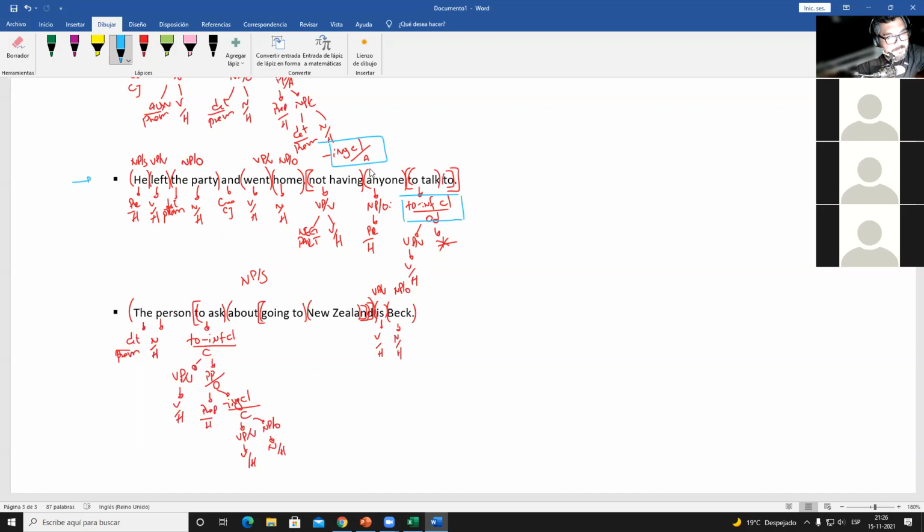And then you have a to-infinitive as part of the ing clause. So you can have a non-finite clause inside of another one. In the second example, you can see how the to-infinitive clause is inside of a noun phrase, right? Therefore, acting as a modifier, in this case it is a complement. Okay, be careful with that.